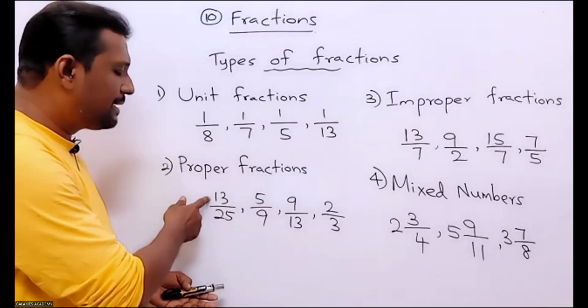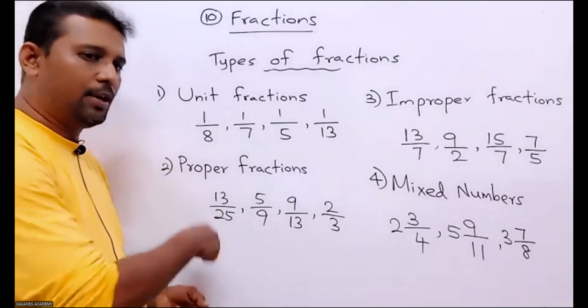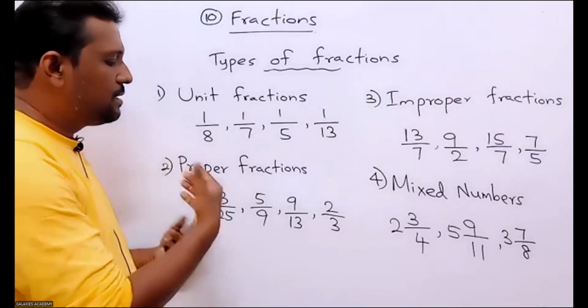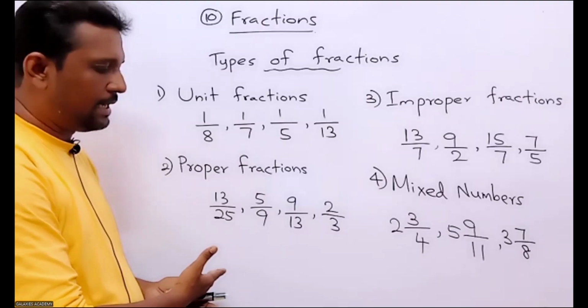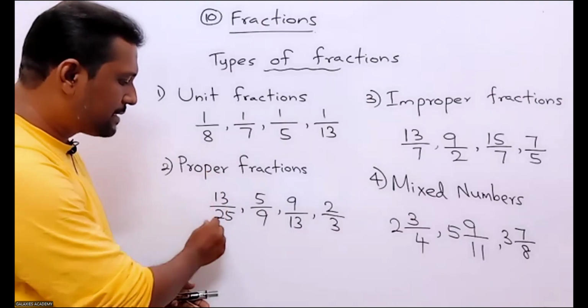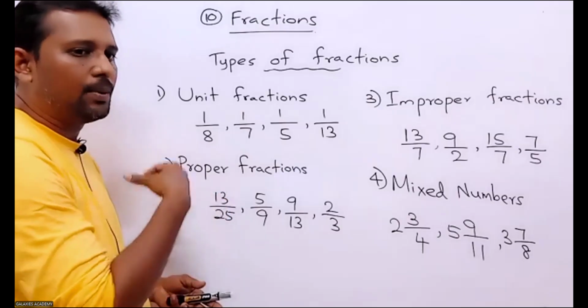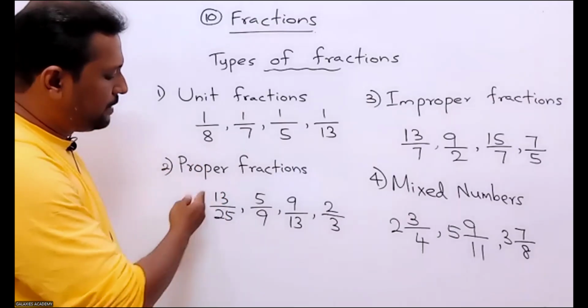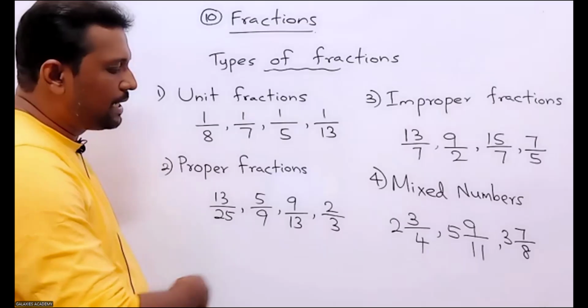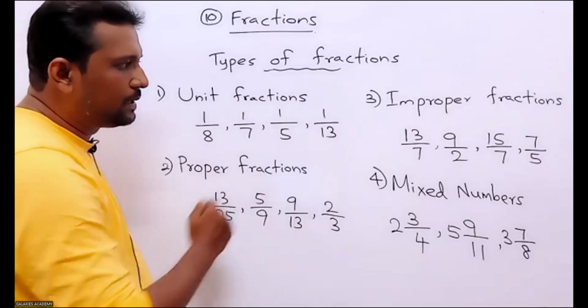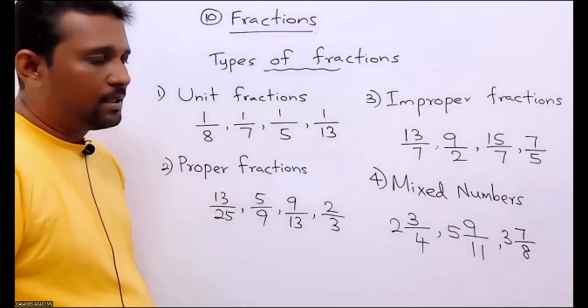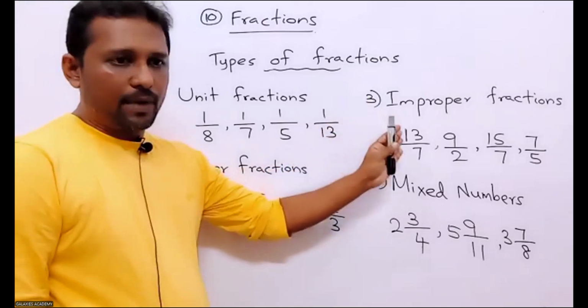If the numerator is less than its denominator, they are known as proper fractions. 13 over 25, 5 over 9, 9 over 13, 2 over 3.